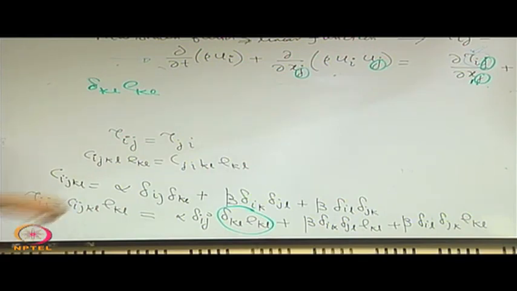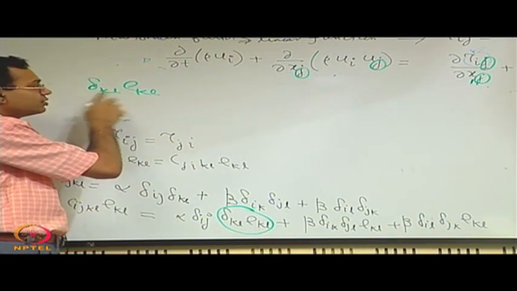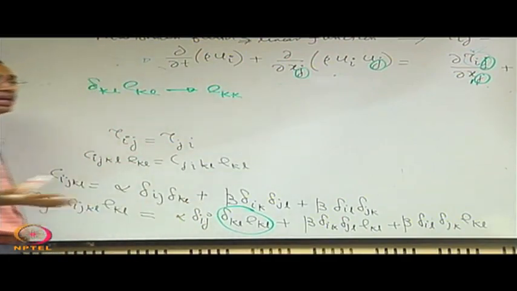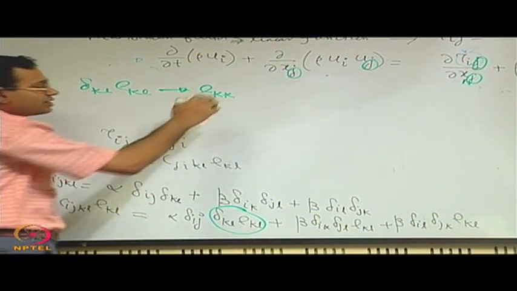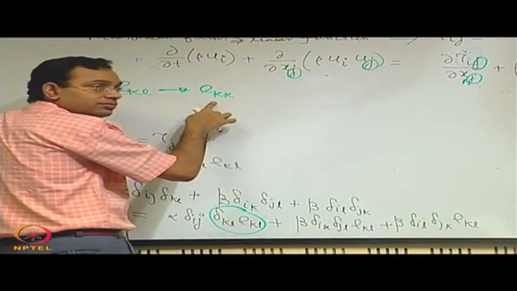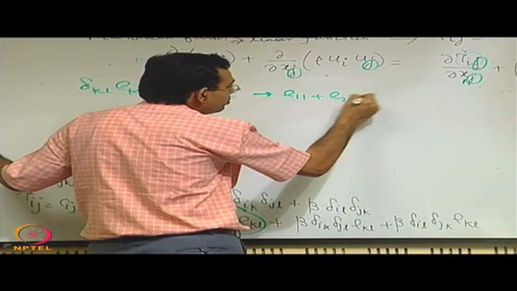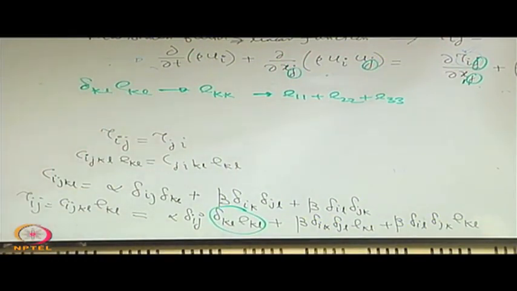You have to keep in mind that this delta is 1 only when l equal to k. So this you can write as ekk or ell, because in all other cases it is 0. What is this actually? This is again not one term, it is E11 plus E22 plus E33, because it is a repeated index. So you have a summation basically.